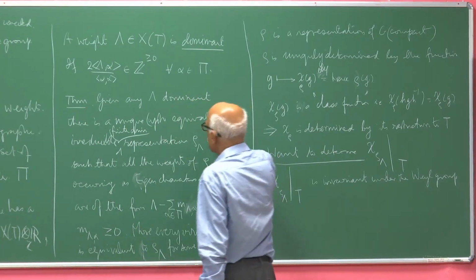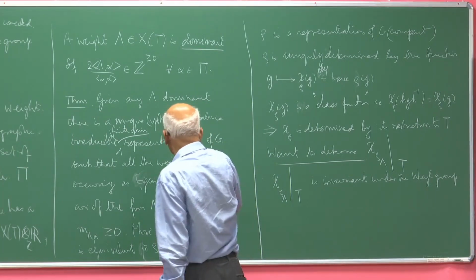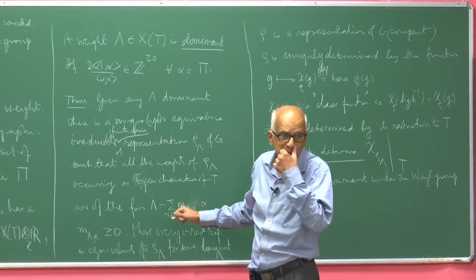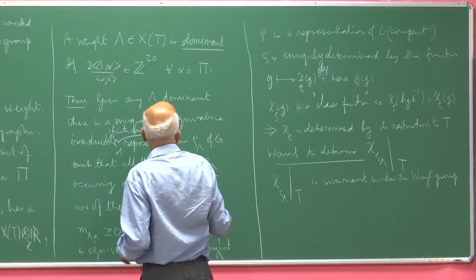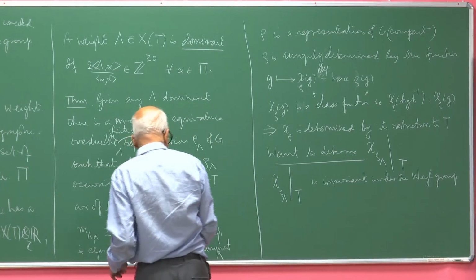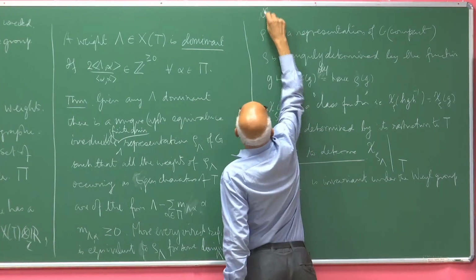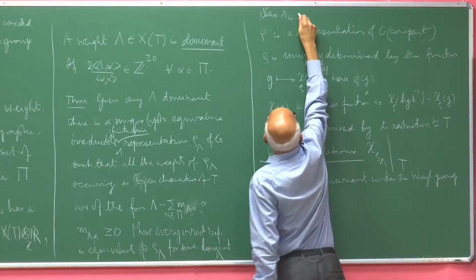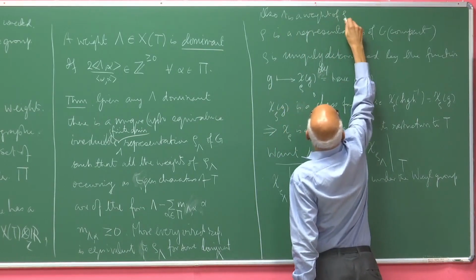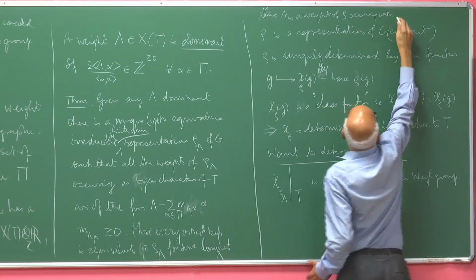There's a unique irreducible representation rho lambda of G, such that all the statement is correct, though it doesn't tell you immediately that lambda has to be the highest weight. Okay. So lambda is a weight of rho lambda occurring with multiplicity 1.